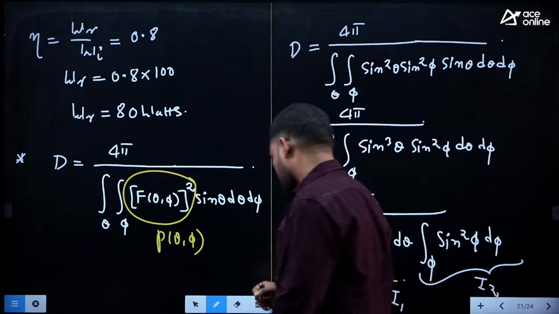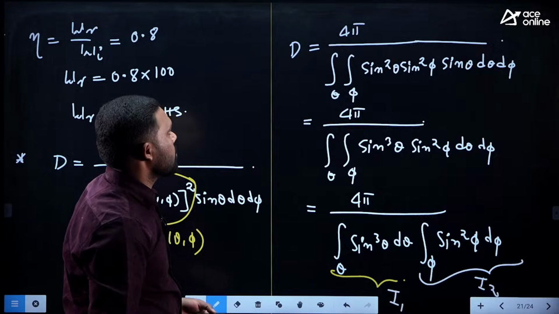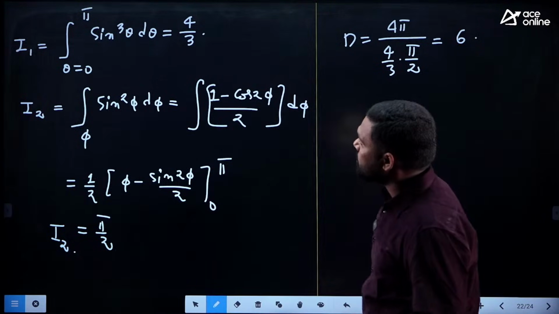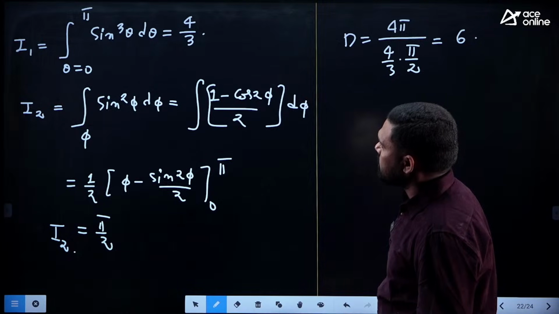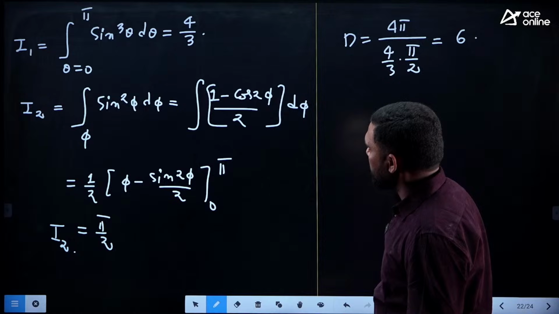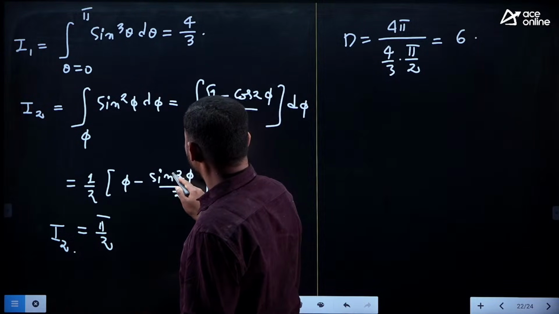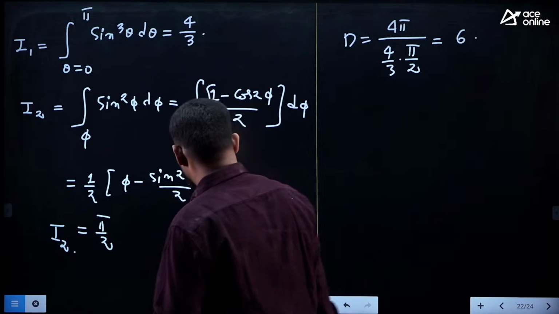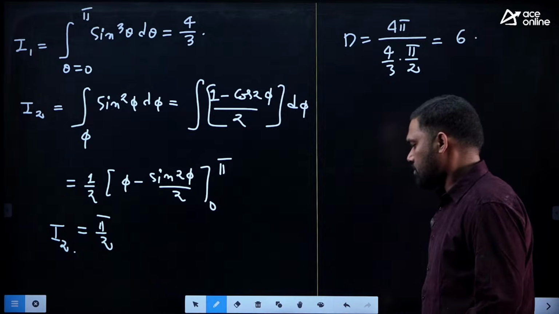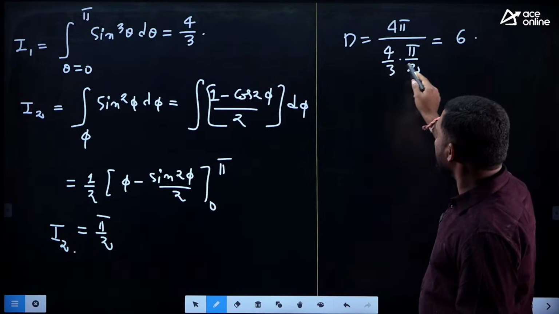Yes, guys? It is 6. Am I correct? So it is 4 pi divided by 4 by 3 into pi by 2.